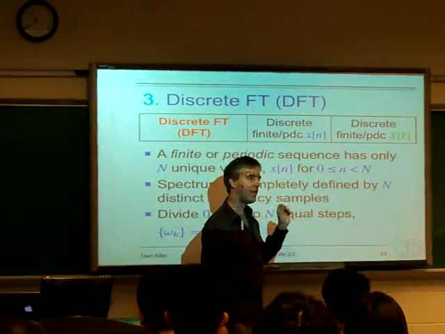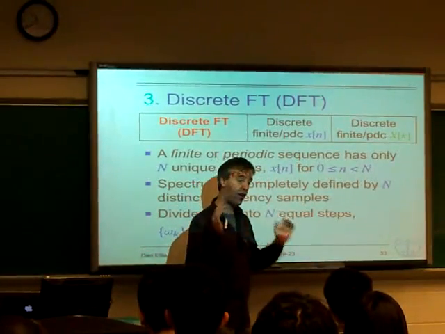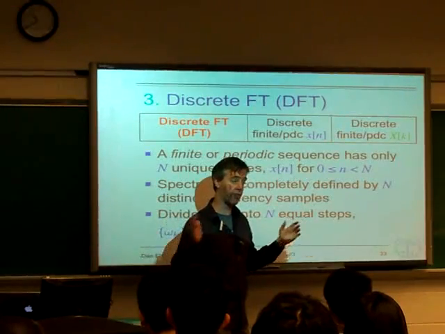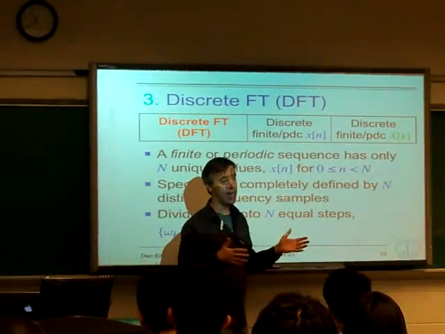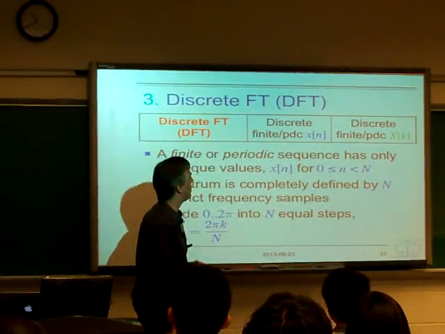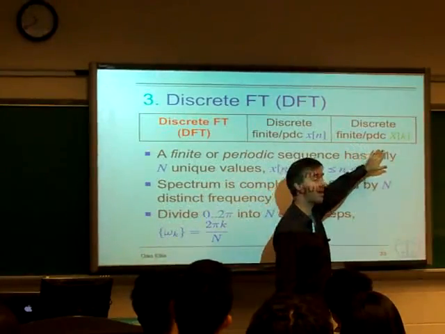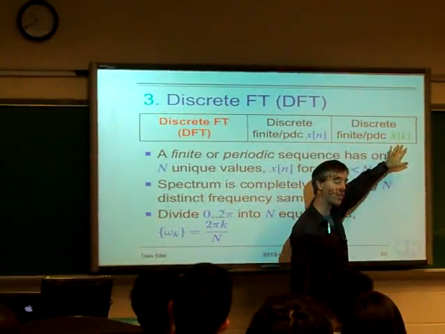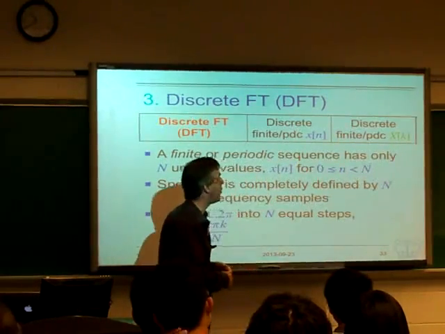It's defined by just some fixed number of values, which we can either interpret as it being finite length, so it's only defined over a fixed number of values, or it's periodic, so you can evaluate it for any time, but it repeats every big N samples, something like that. When that's the case, then we can represent its spectrum also by a finite dimensional sequence, x of k, where k is now our index for the frequency domain.